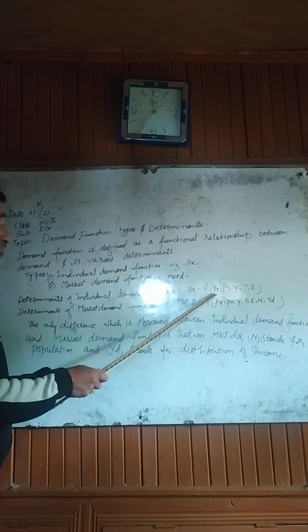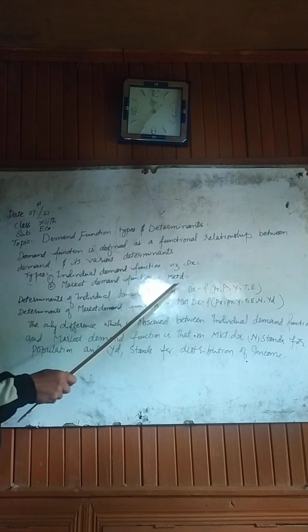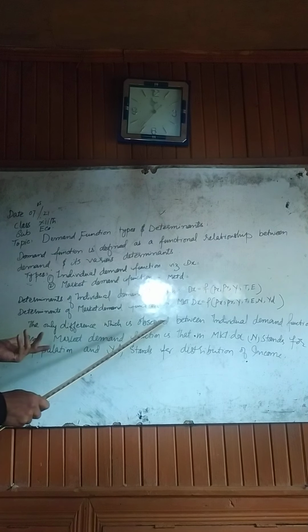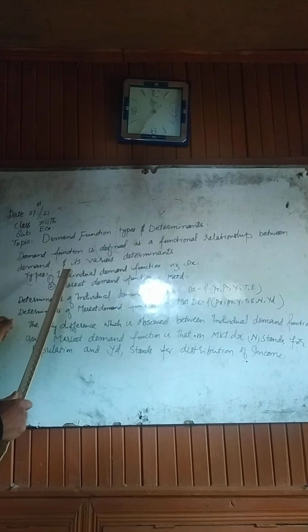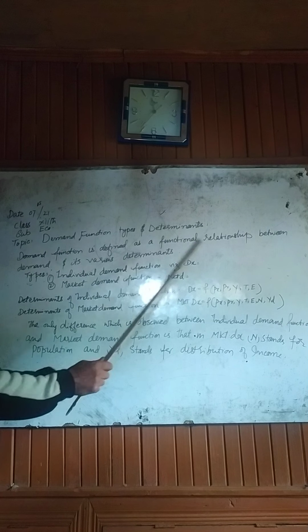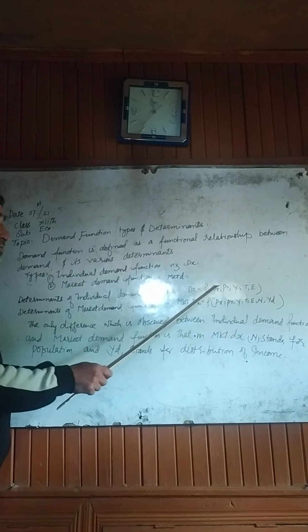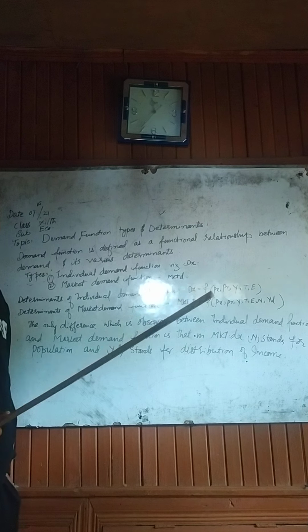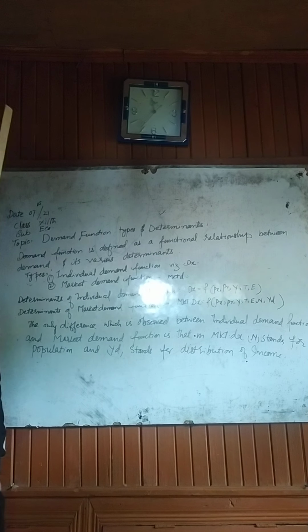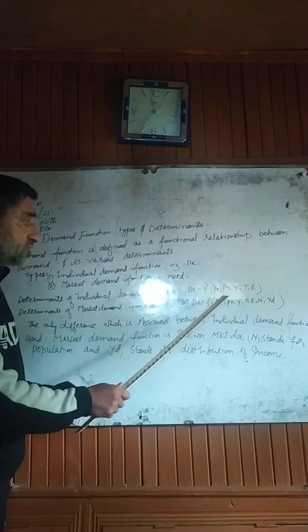Here, price of X shows how much price it is and what is the response of the consumer. Price of related goods refers to the price of the supplementary goods, complementary goods, or substitute goods.